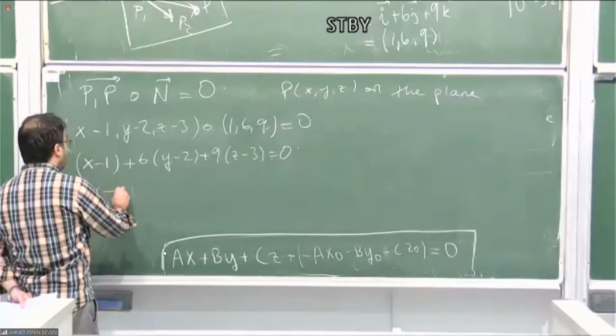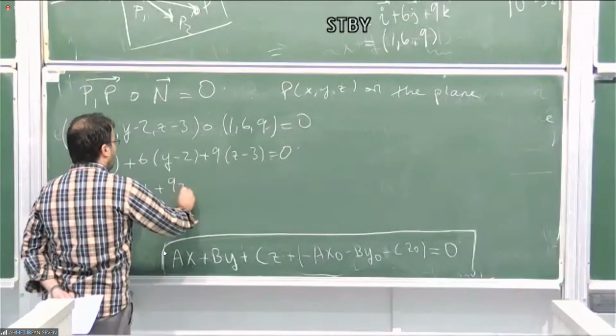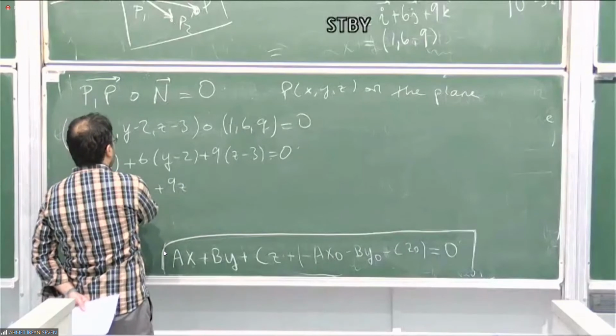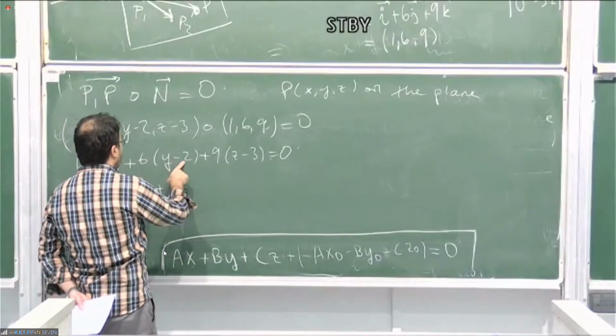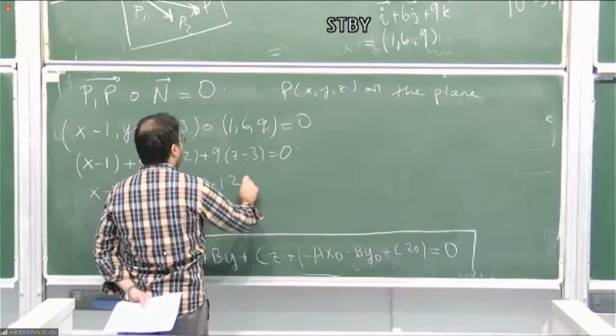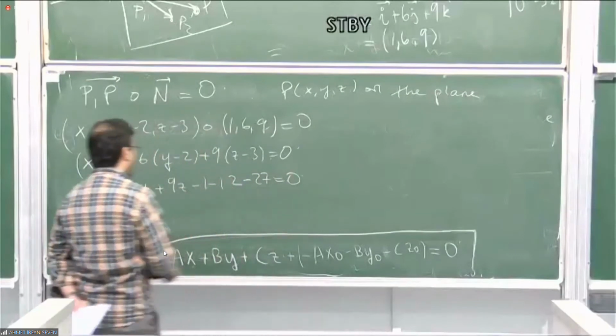So x plus 6y plus 9z, and then minus 1 minus 12 minus 27 equals 0.